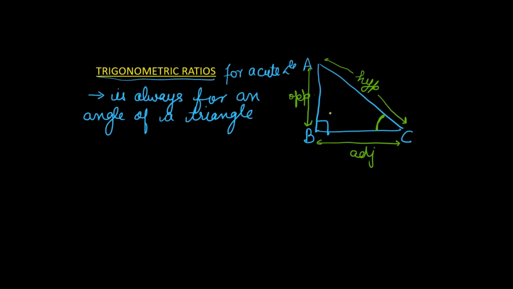The side opposite to the 90-degree angle is called the hypotenuse. Let us draw the triangle again. Triangle ABC, right angle at B, and we are considering the angle C. So AB is the opposite, BC is the adjacent, and AC becomes the hypotenuse.